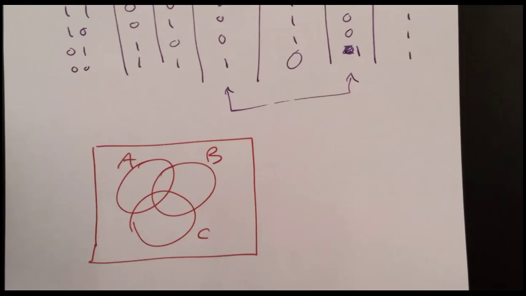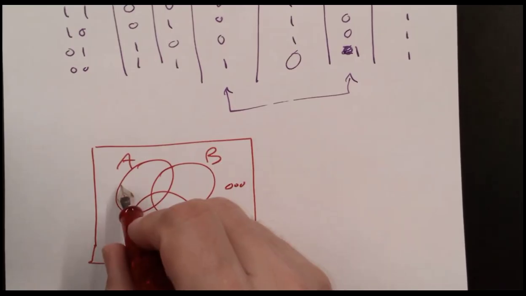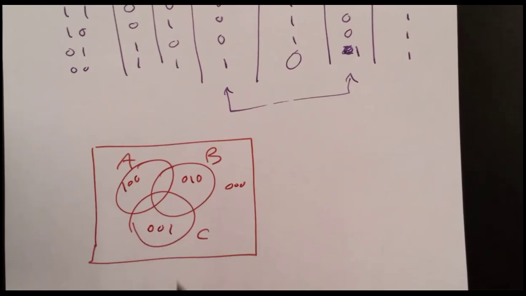I can do the numbering again, can't I? So I would have outside, this would be 0, 0, 0. And this would be 1, 0, 0. And this would be 0, 1, 0. And 0, 0, 1, right? If I'm writing them A, B, C, I've put them in an order. The very middle. What's the very middle?